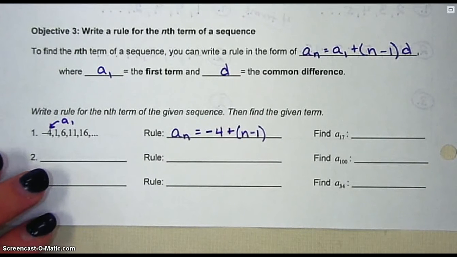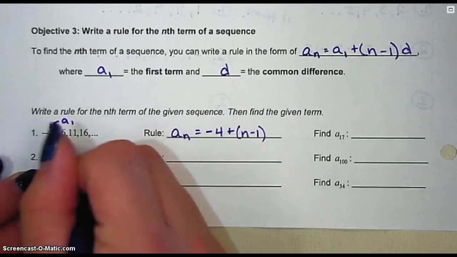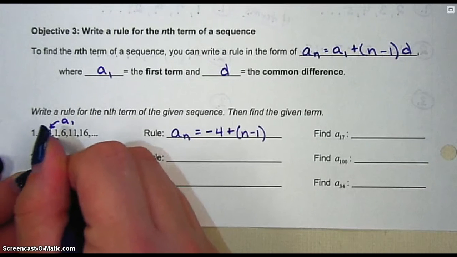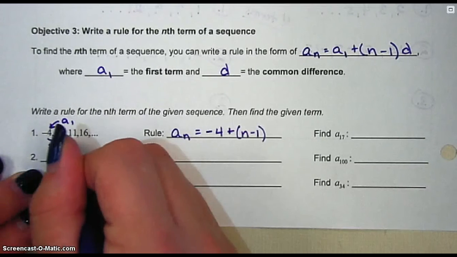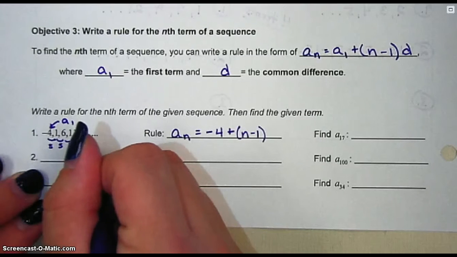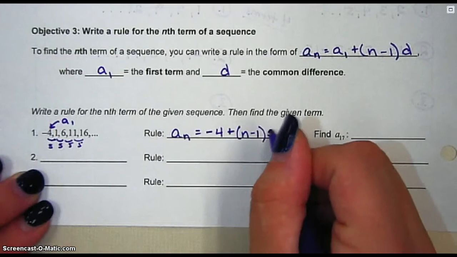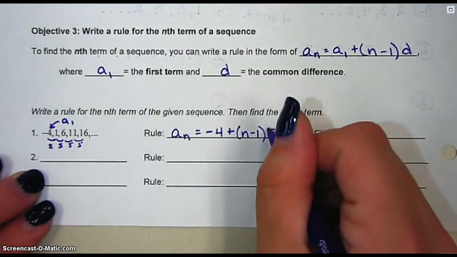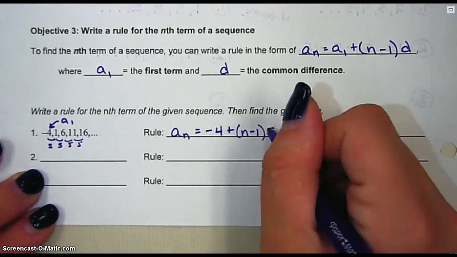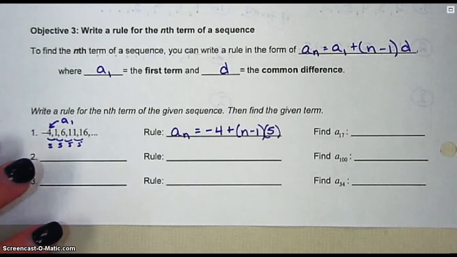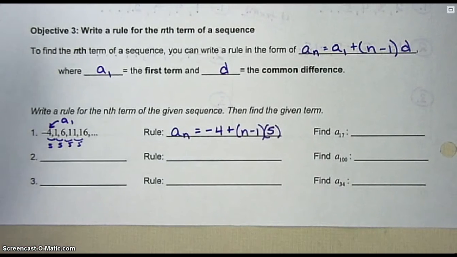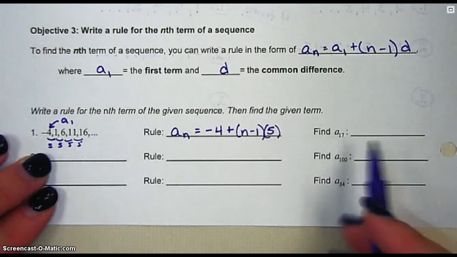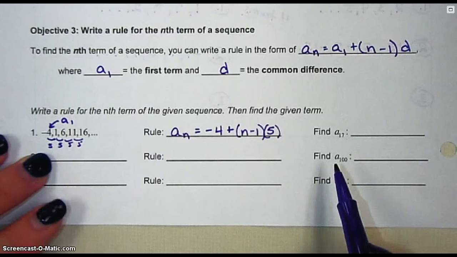The common difference, we're looking to see what I'm adding. -4 to 1 is add 5, add 5, add 5, add 5. So the common difference is 5. You don't have to put the 5 in parentheses. However, I do encourage it because if there's a negative there, you have to have the parentheses. So that's our rule.